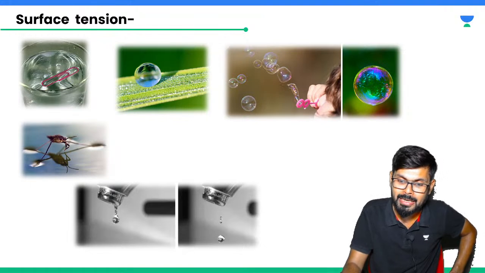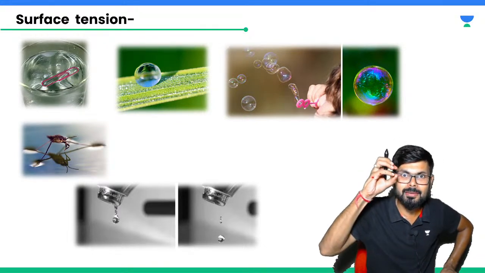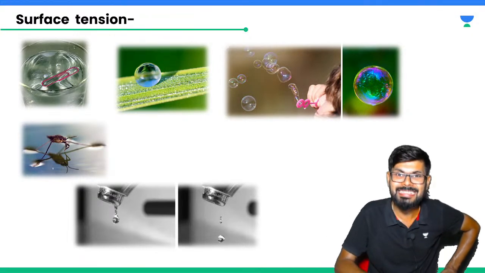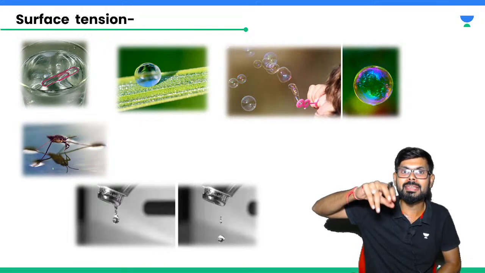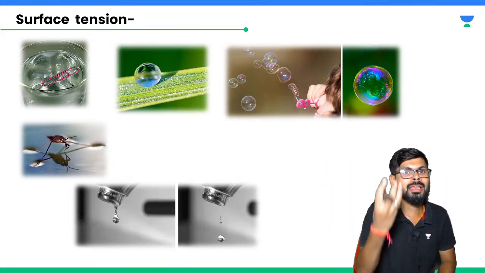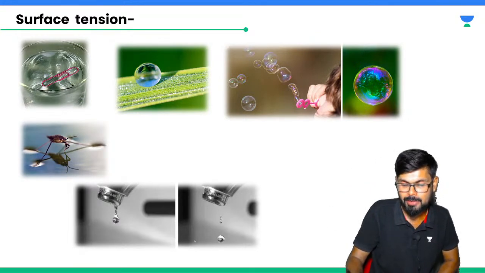Third point I told you is that if any arbitrary shape is there, then after some time it will come to the spherical shape because of surface tension. This small insect is crawling over water. Why? Because its weight is very, very small, and that weight is balanced by the surface tension. Here also the same reason is there.